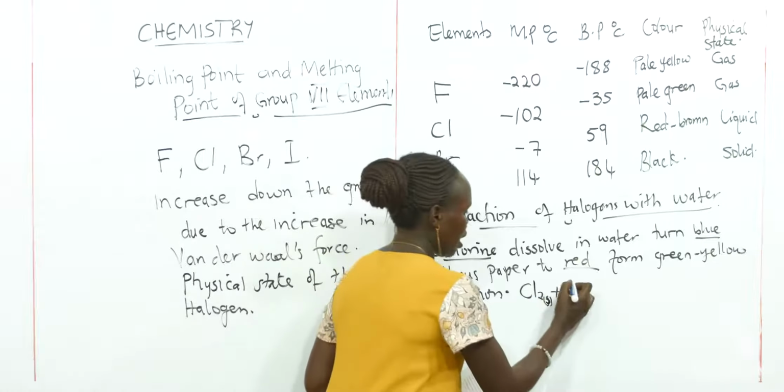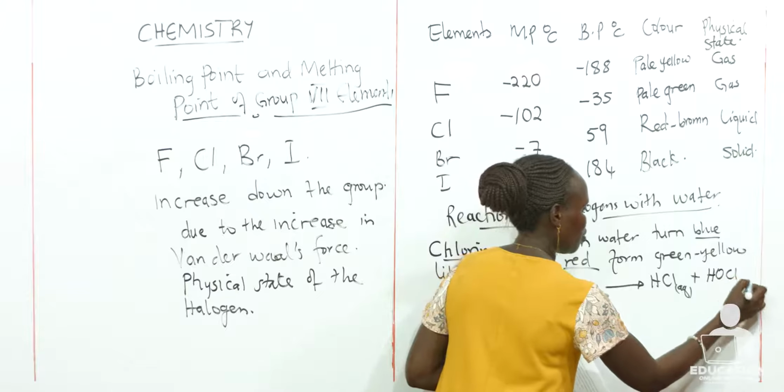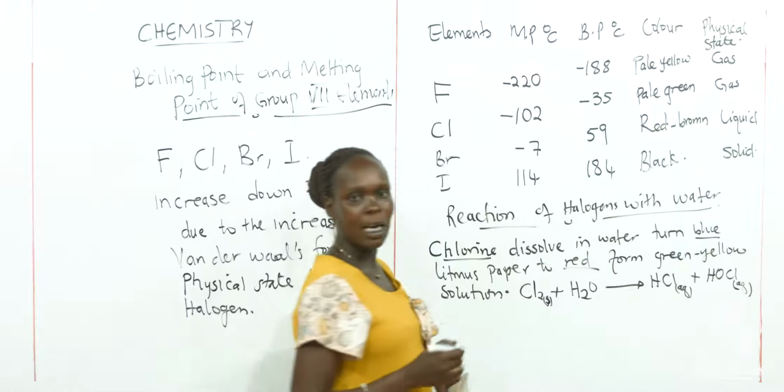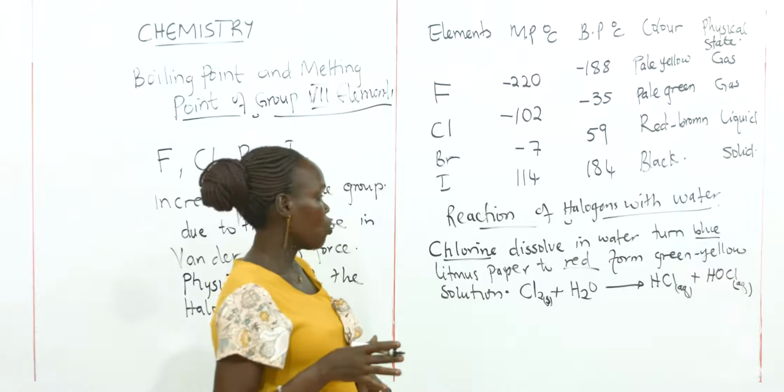When you join water molecules with the chlorine molecules, we will have hydrochloric acid, in aqueous form, plus hypochlorous acid, also in aqueous solution. So these solutions are acidic.